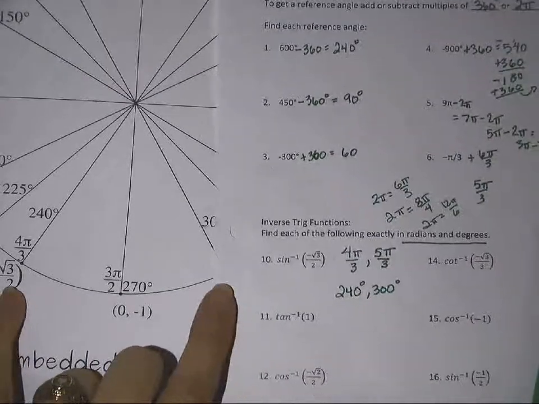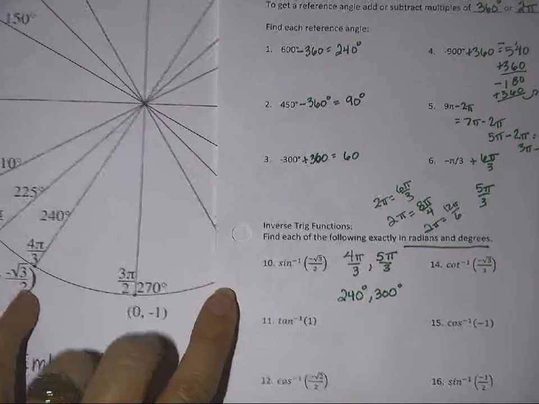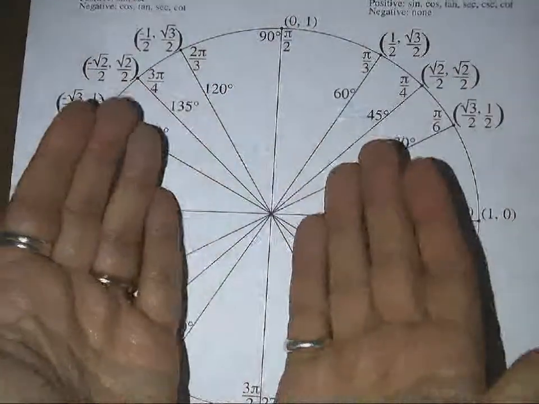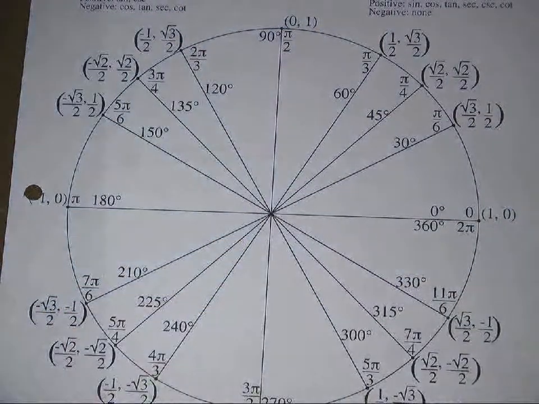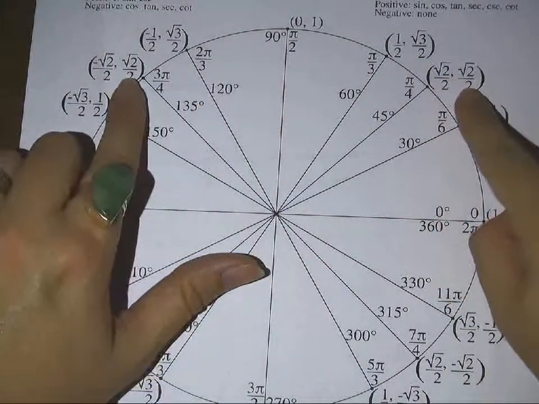Is this going to happen on most of our problems where I get two answers like this? Well, if we remember that our unit circle is all about reflections, it kind of makes sense that we're going to get two answers, because everywhere I look, there's one on the other side that's the same.